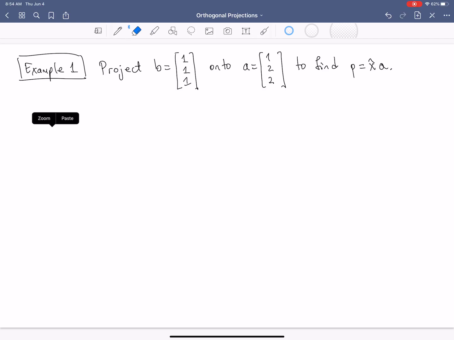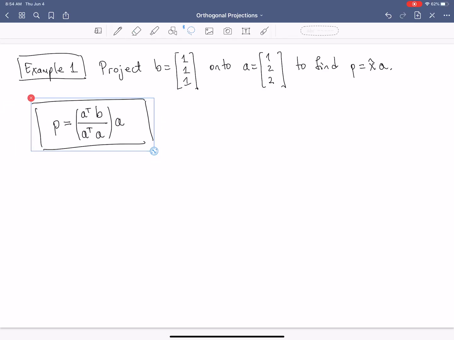So the formula that we have is right here, and all that we have to do is apply that formula. Because I'm not asked to find a projection matrix, I don't have to rewrite that A and that B. So I need to find A transpose B first, or the dot product between A and B.